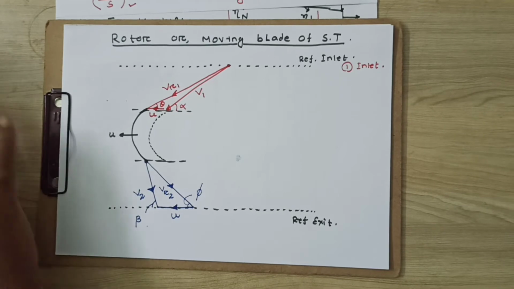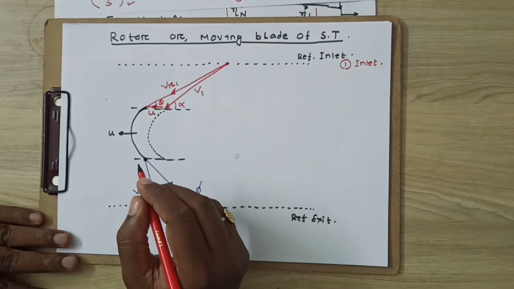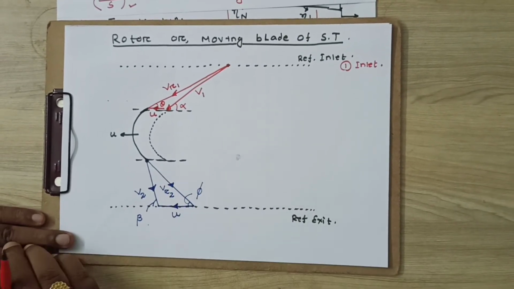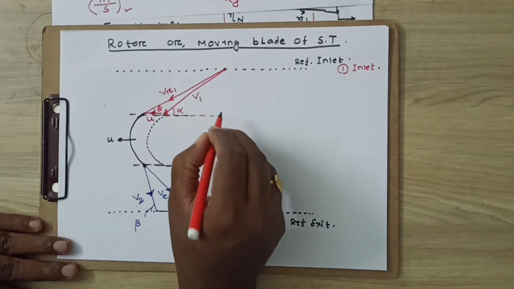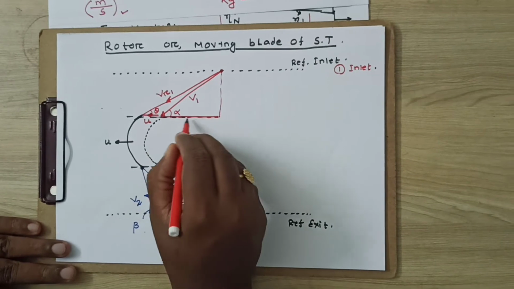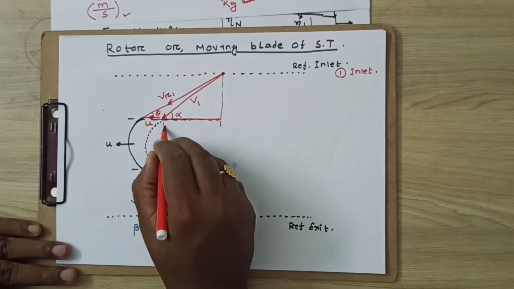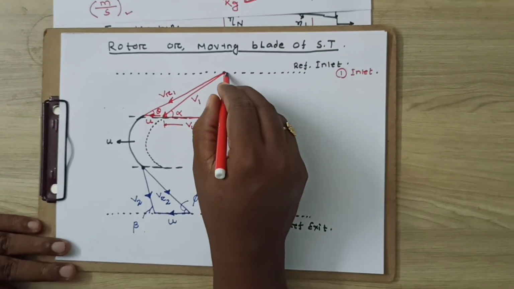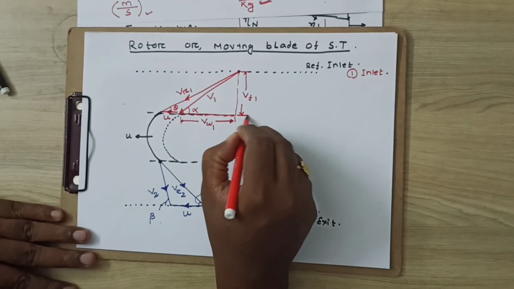Now our task is to find the whirl component and flow component of this absolute velocity. If I draw a right angle triangle, this will be VW1, the whirl component, and this will be VF1.